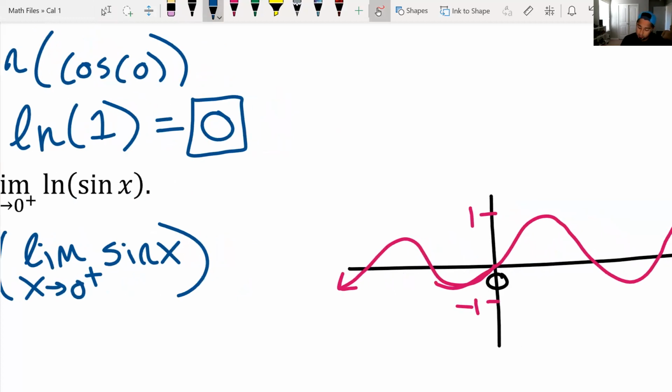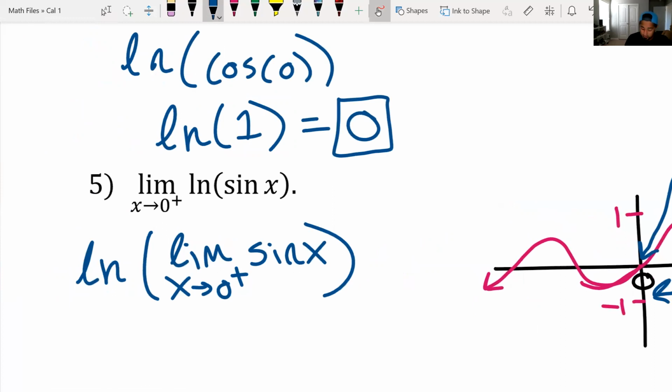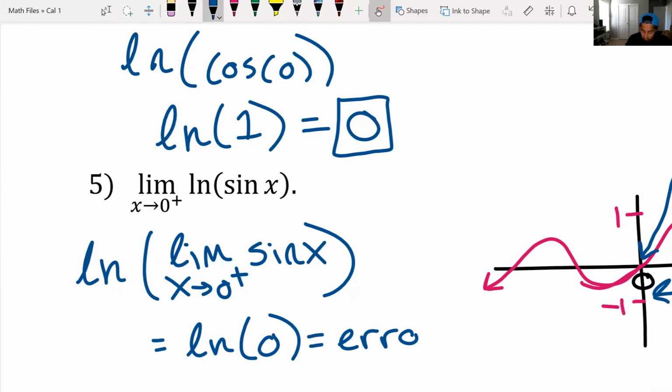So as we approach 0 from the right, we see that the y values of the sine function are also approaching 0, which is something we could have got a long time ago, because if you plug 0 into the sine function, sine at 0 is 0. But then we run into that issue again. We end up getting the natural log of 0. And can we take the natural log of 0? That answer is no. So we must assume again, see if I can say it right.